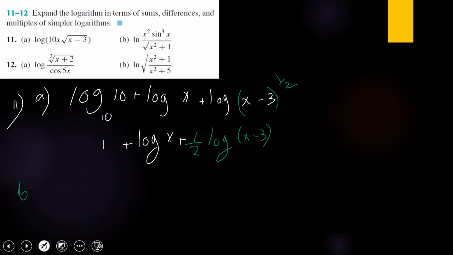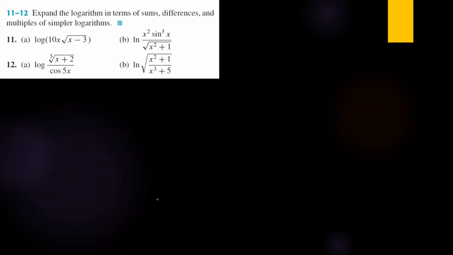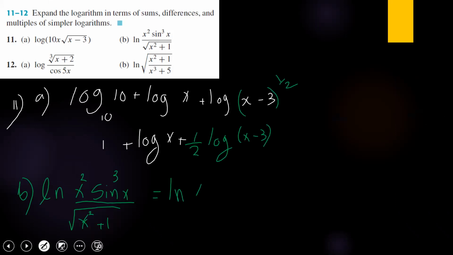Now let's solve B. ln of x squared sine cubed x over square root of x squared plus 1. It will be ln of x squared plus ln of sine cubed of x minus ln of square root of x squared plus 1.